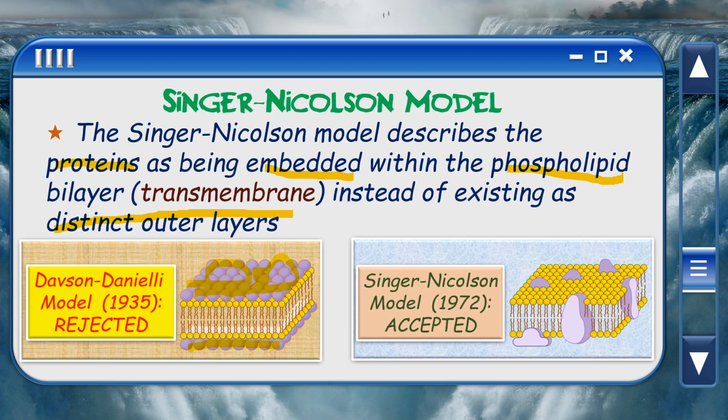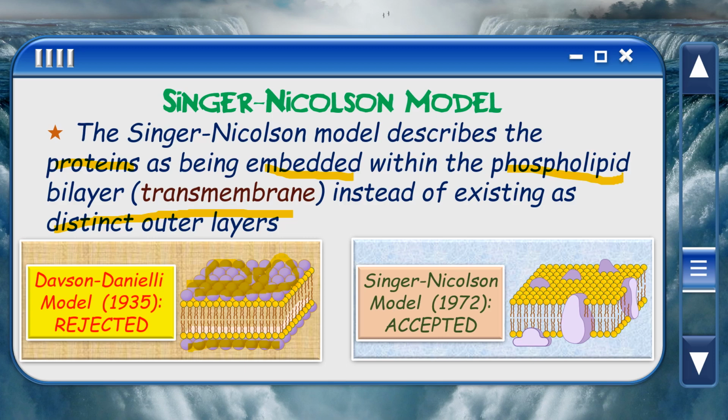But when it was falsified, Singer and Nicholson brought up a new model which said that the proteins are embedded within the phospholipid bilayer. They are not on top. They are transmembrane.